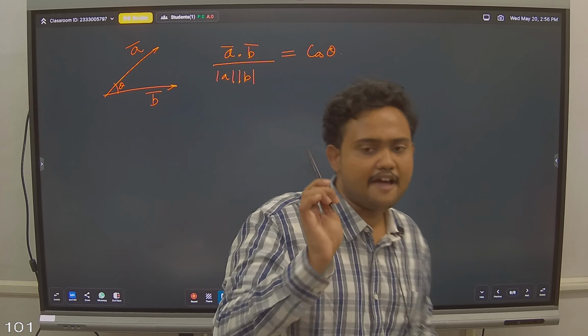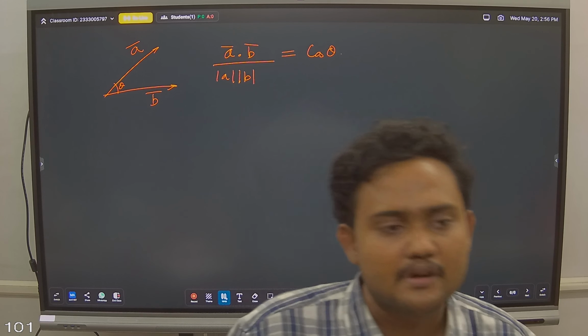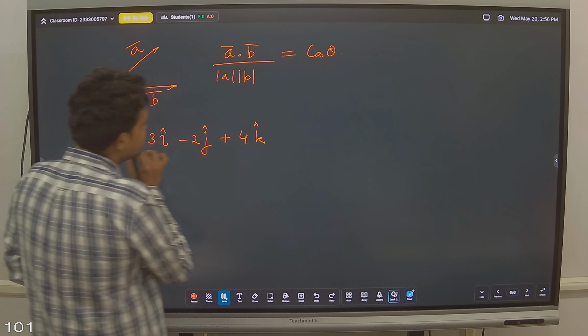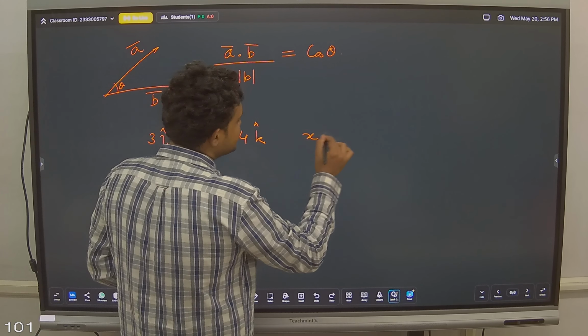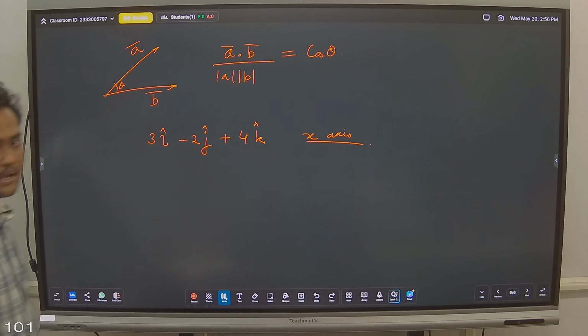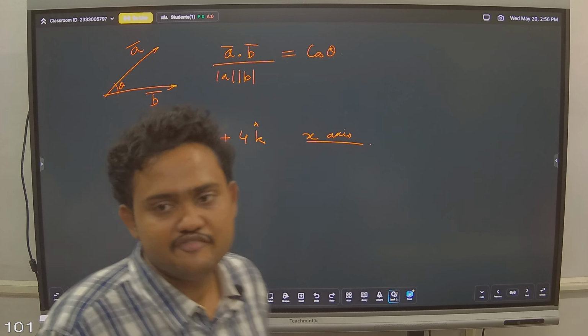So if I have a vector like this, 3i minus 2j plus 4k, how do I find the angle made by this vector with the x-axis?